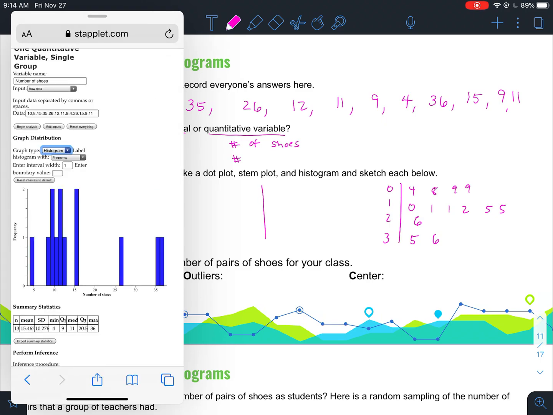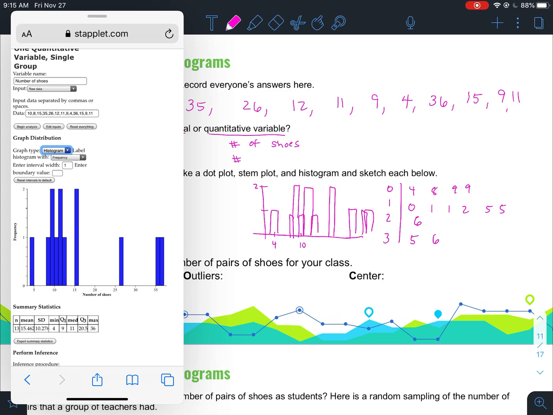And then we can do a histogram. And so it goes the number of people, and then the number of pairs. So we had 4 was 1, and then we had 10 was 1, then 11 was 2, and then 12 was 1, and then we had 2 here, and we had 1, and 1, and 1, and then 1.